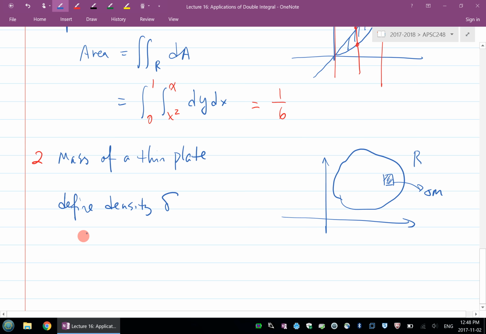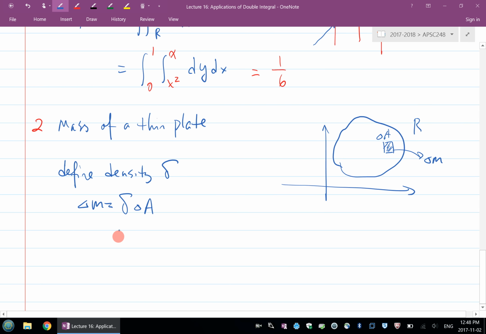So delta M could simply equal delta times the area. If this is a delta A here, then because it's so small, consider the density the same across this delta A, so delta times delta A. Then you add them all up and you get the total mass. Adding them up basically means you are doing integration here.